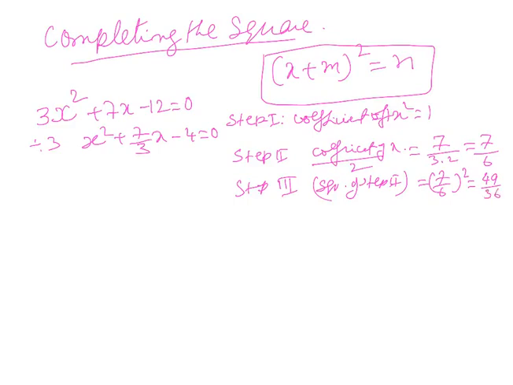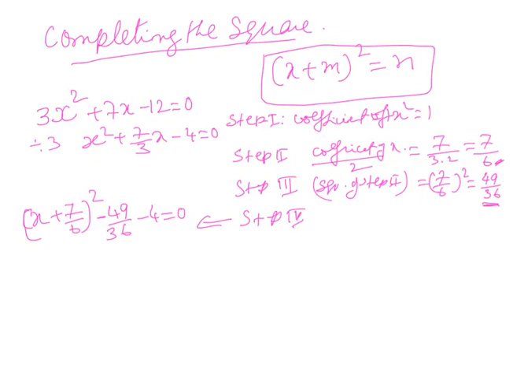Now step 4 is rearranging. That is x plus 7 over 6, what we got in step 2, the whole squared, minus step 3, that is 49 over 36, and write minus 4 is equal to 0. So you can see what I did here.